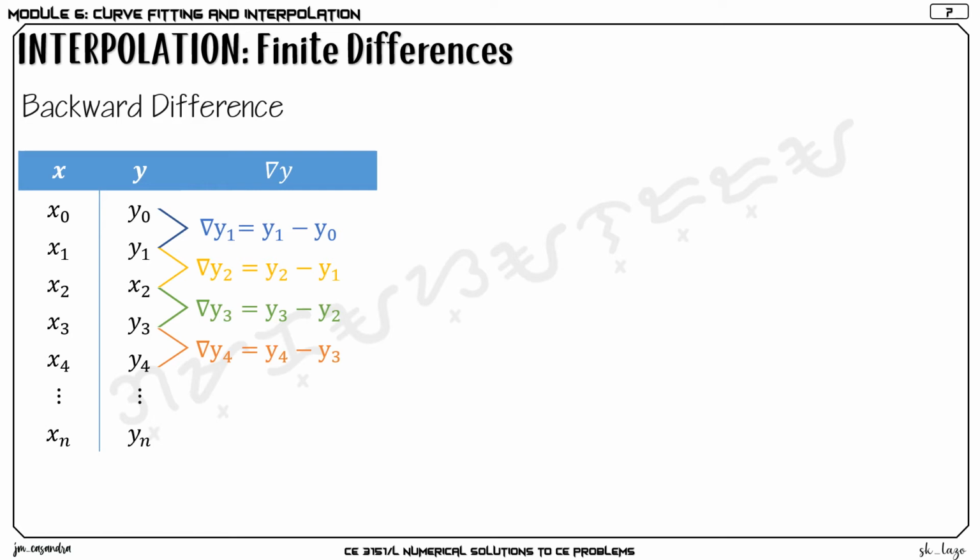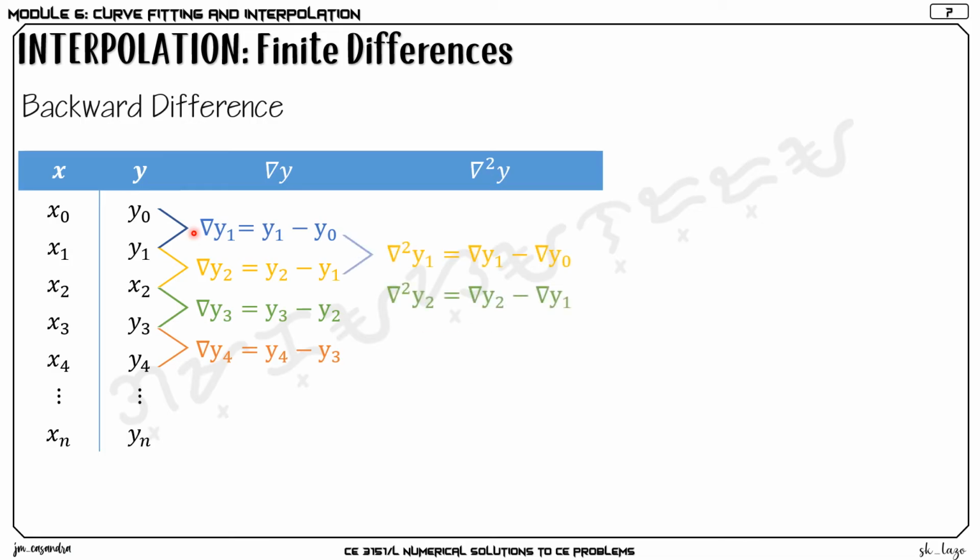Getting now the difference of the first nabla, we get nabla squared of y, wherein nabla squared y sub 1 is equal to nabla y1 minus nabla y sub 0. Nabla squared y2 is equal to nabla y2 minus nabla y1. Nabla squared y3 is equal to nabla y3 minus nabla y2.